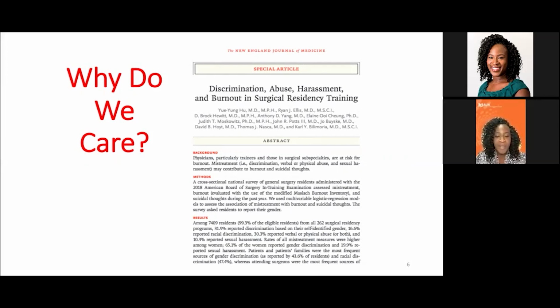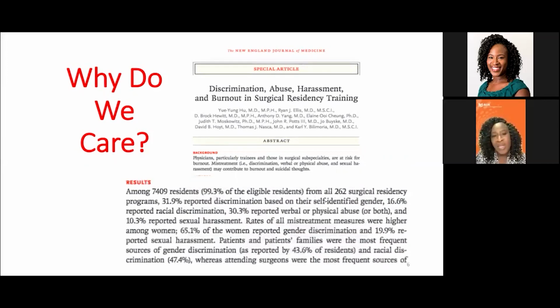What they found was that among over 7,400 residents, 31.9% responded that they had experienced discrimination based on their self-identified gender, and 16.6% reported racial discrimination.